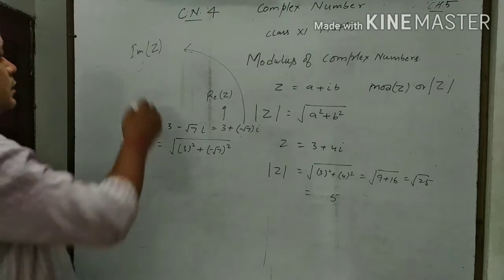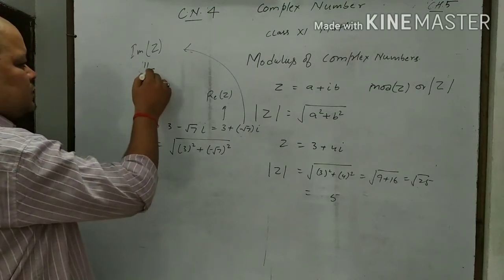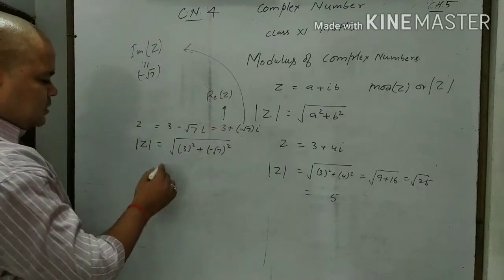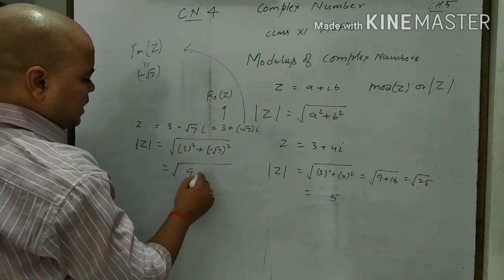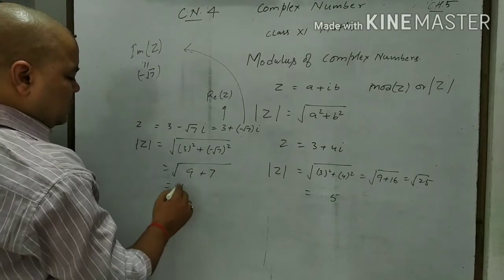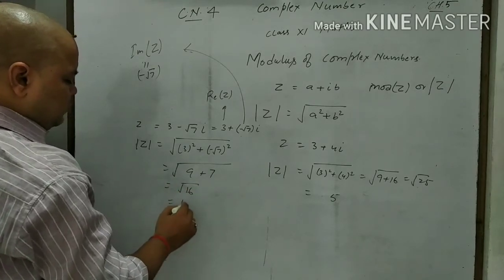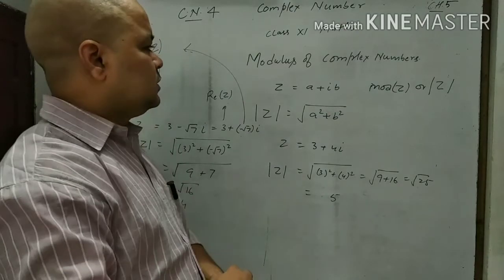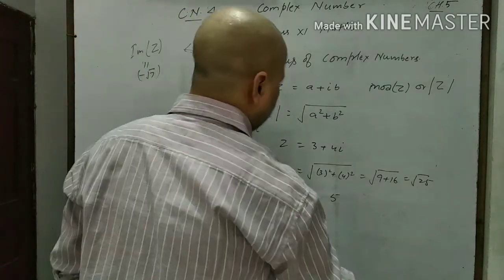This is equal to minus under root 7, and this is 3, and its value will be 9 plus 7, under root 16, which is going to be 4. In this way we can find the modulus of any complex number.